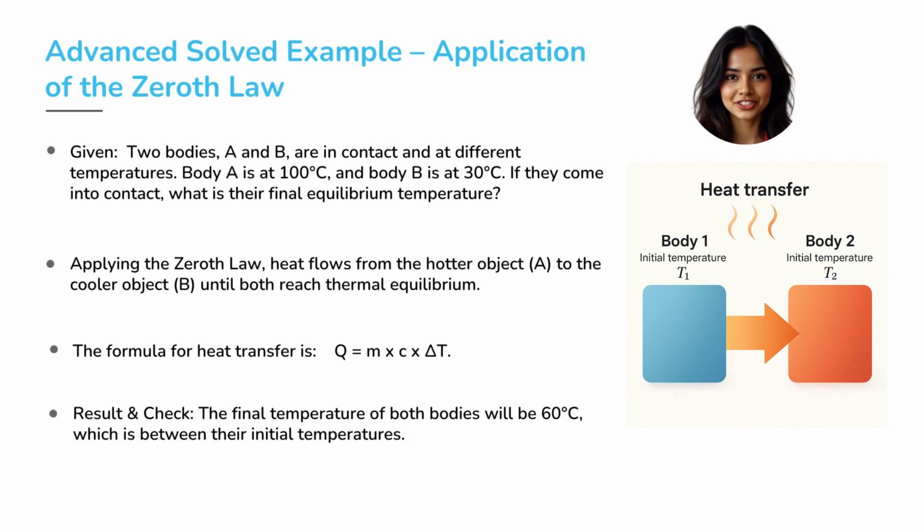Assume equal masses for simplicity. The heat lost by the hotter body equals the heat gained by the cooler body. So, for body A at 100 degrees Celsius and body B at 30 degrees Celsius, we set up the equation. Solving this, we find that the final temperature T_F is equal to 60 degrees Celsius. That's thermal equilibrium in action, and it's exactly what the Zeroth law predicts.